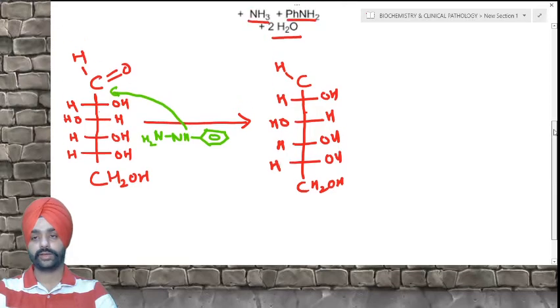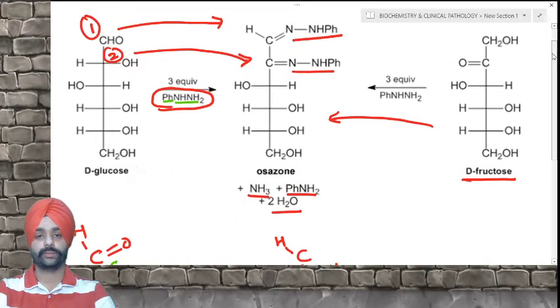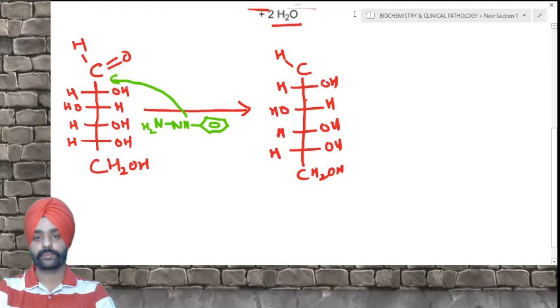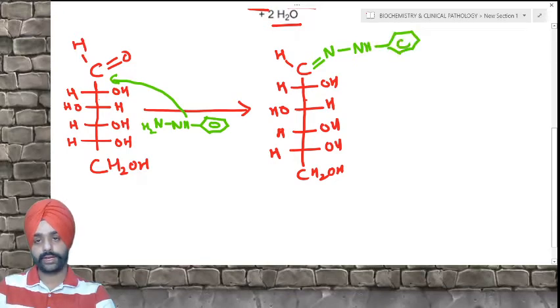Now, where does the reaction occur? The reaction occurs at the oxygen atom. See here, where the oxygen atom is present. The reaction is occurring here. So, what will be the change in the structure? The structure formed will be like this. Here there will be attachment of one phenylhydrazine.